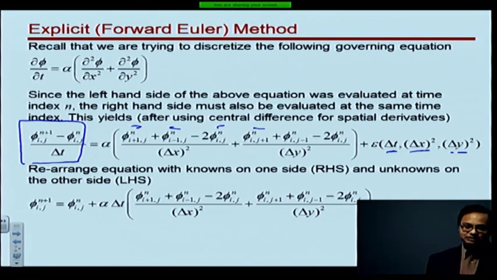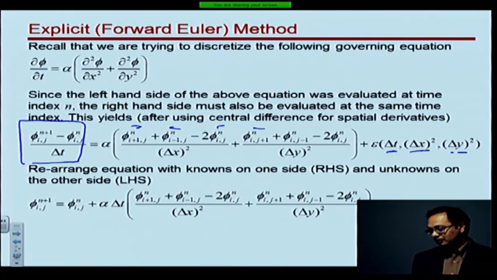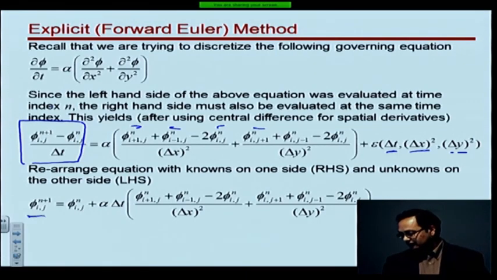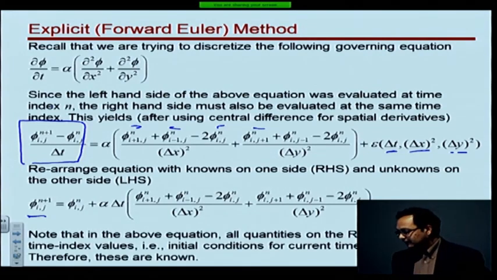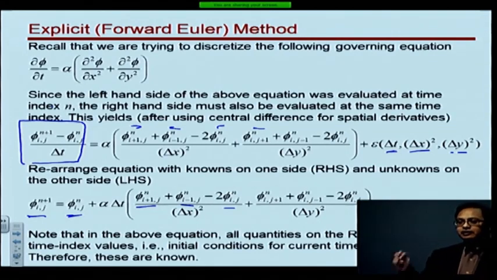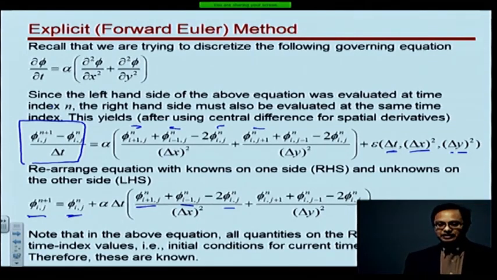Because old time step values represent initial conditions that are known. Okay, and therefore we can calculate this guy from the old time step values. So I just mentioned, everything on the right hand side is known because these are initial conditions. So if I start with n equal to 0, then these are my initial conditions that I have set to start off with.